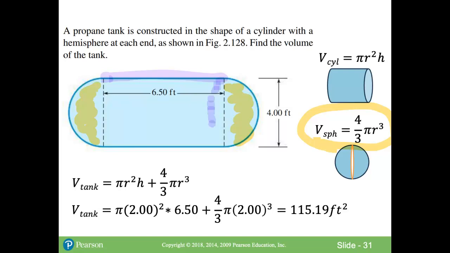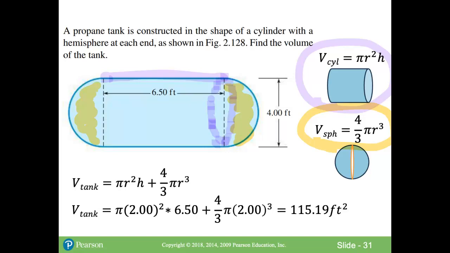This is like a little circular base going on for the cylinder on both ends. So the volume of the cylinder is pi times radius squared times the height. We're going to be using these two formulas to solve this problem. To find the volume for the tank, we need to find these two volumes. So all I've done is recopy the formulas here.